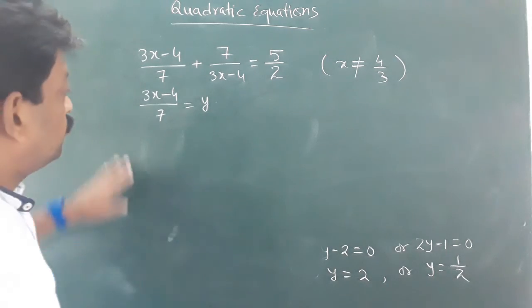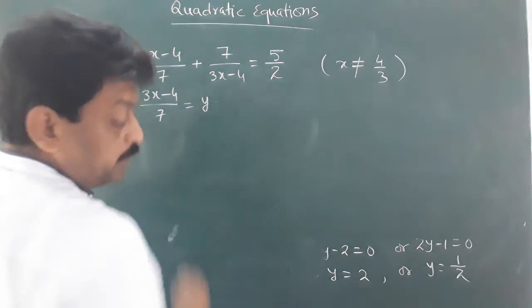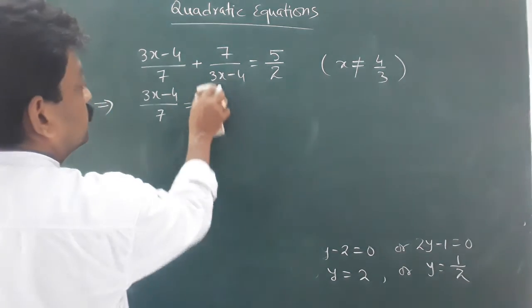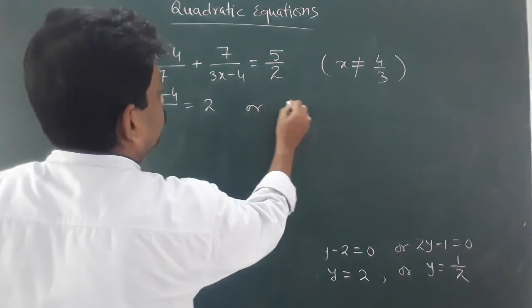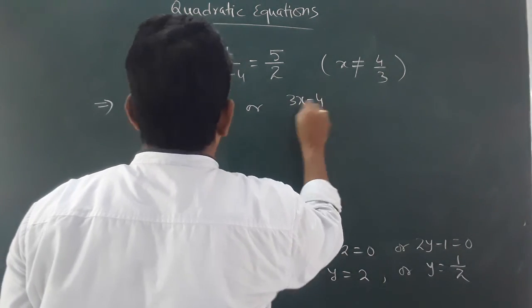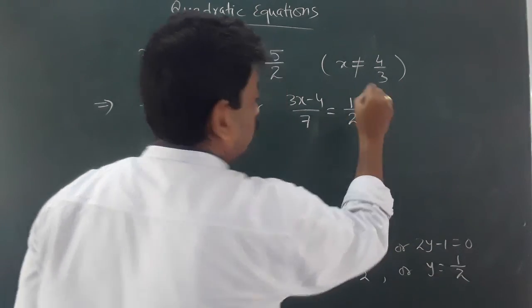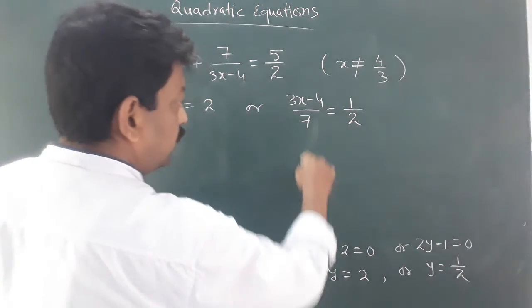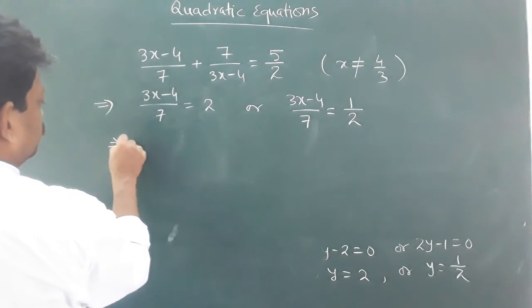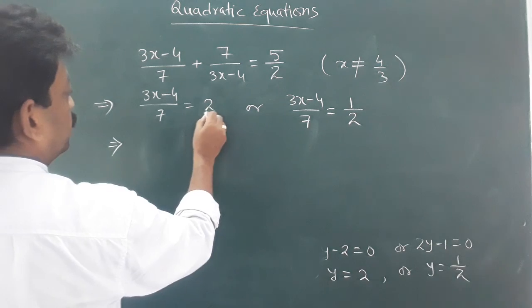Therefore, I am removing this y, replacing y with the roots: (3x minus 4) upon 7 equals 2, or (3x minus 4) upon 7 equals the second root, 1 upon 2. Just replacing the y with the roots of that quadratic equation. Now go for cross multiplication.